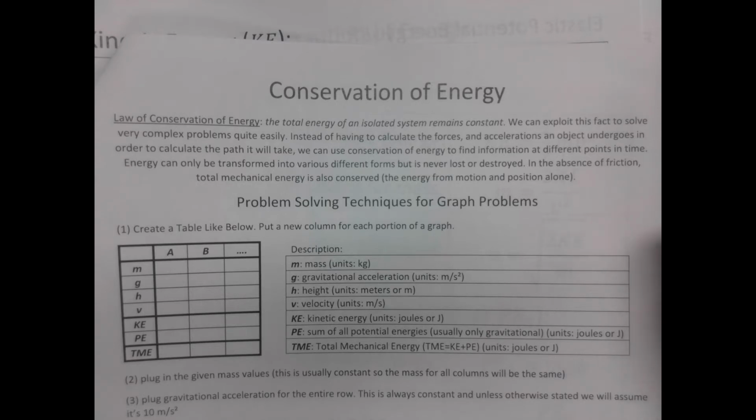Energy can only be transformed into various different forms, but is never lost or destroyed. If we don't include friction, which in this class we're going to ignore all friction, then the total mechanical energy is also conserved. Total mechanical energy is the energy from motion and position alone.